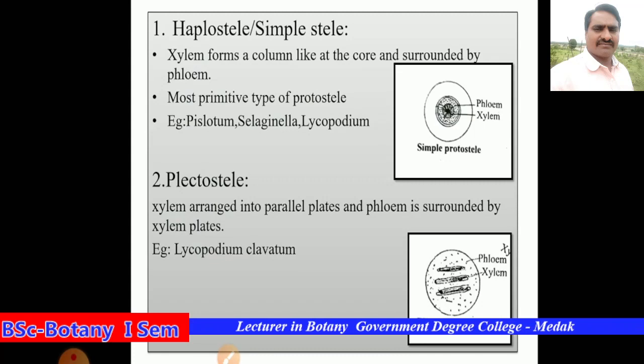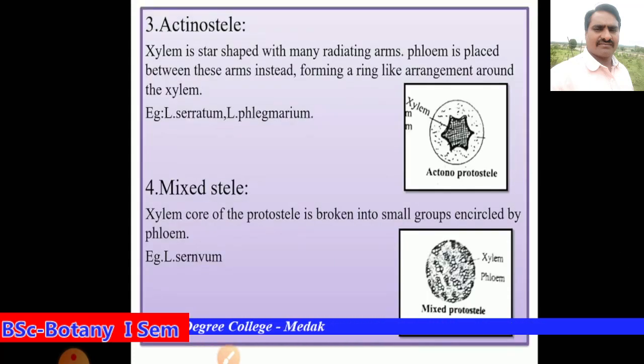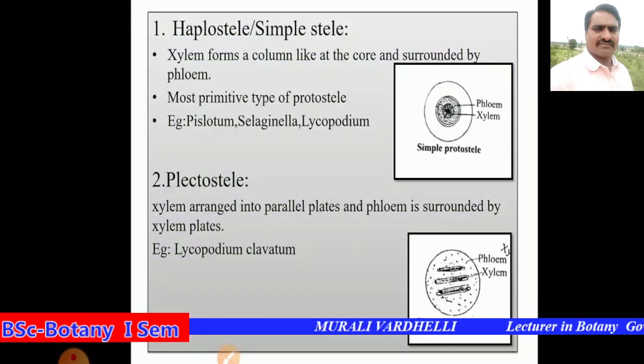Xylem forms a column at the core, at the center of the vascular cylinder, and is surrounded by the phloem.